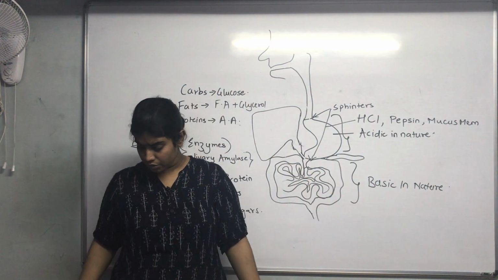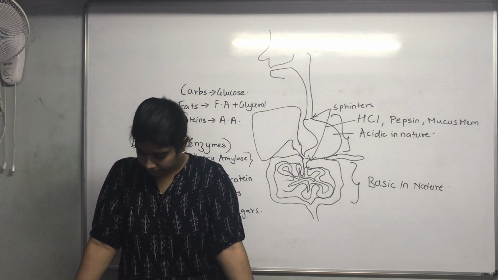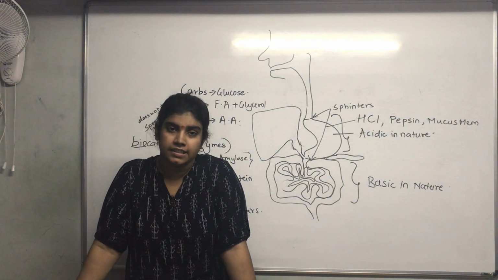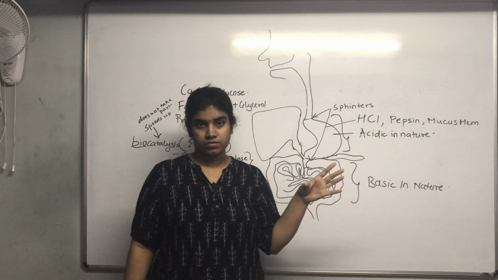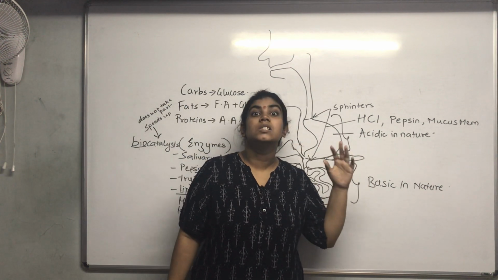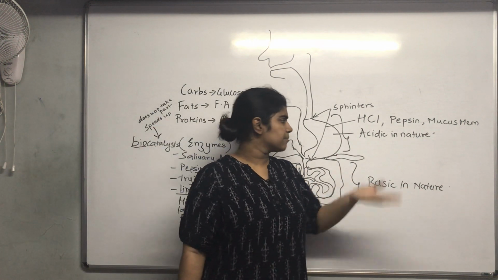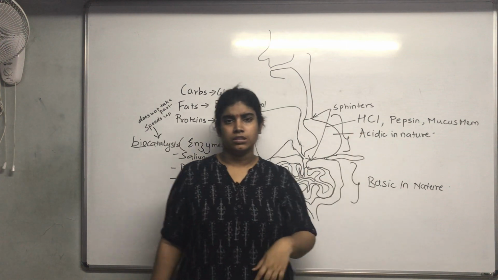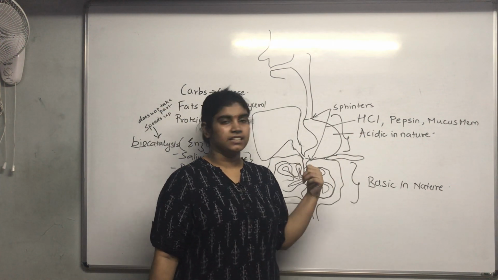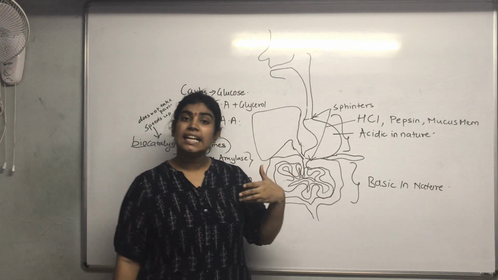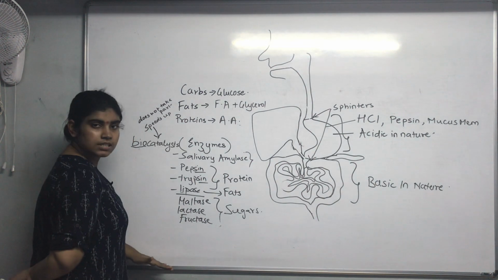Now what you need to know is the function of the pancreas. Now what does the pancreas do? As you all know, it produces glucagon and insulin, where insulin helps in reducing sugar, and glucagon helps in raising sugar. Fine. So this insulin is released by the pancreas along with certain digestive enzymes.